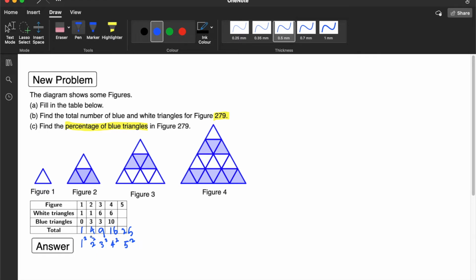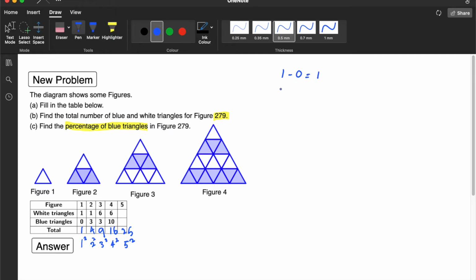So we can immediately see the first pattern here. The total is merely the square of the figure numbers. So let's take a look at the other pattern that can be seen here. One of the things that we can do is to find the difference between the white and the blue triangles. So the first one is 1 minus 0, so we get 1.